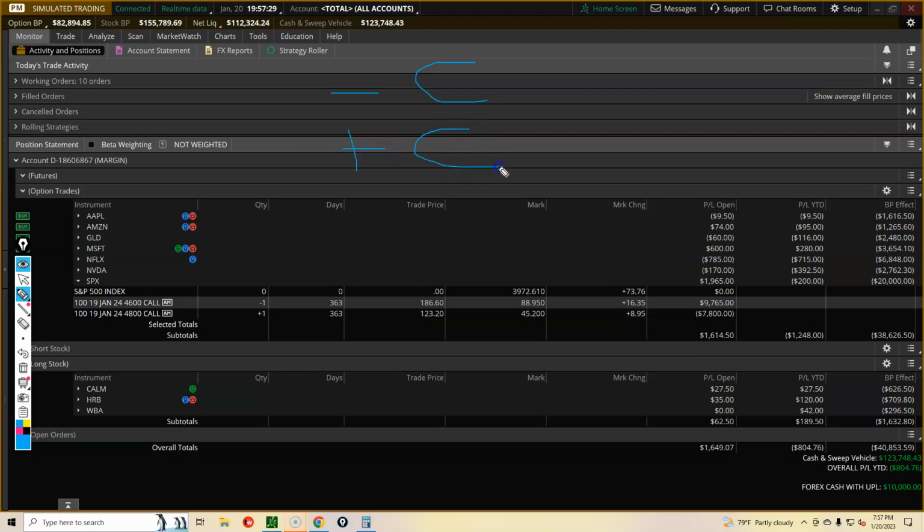Shorting the call brings me in premium, and this is buying protection. So as long as SPX stays away from this, basically 4,600, I'm probably going to end up closing this out at a profit.